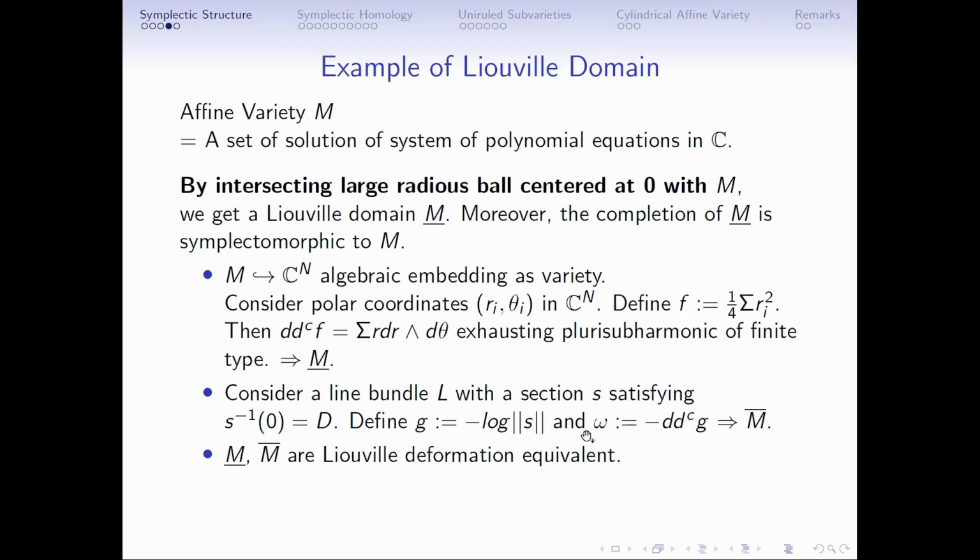Using this function we get a two-form, taking minus d d^c of g, and this two-form and the corresponding Liouville vector field give us the Liouville completion structure on the affine variety.